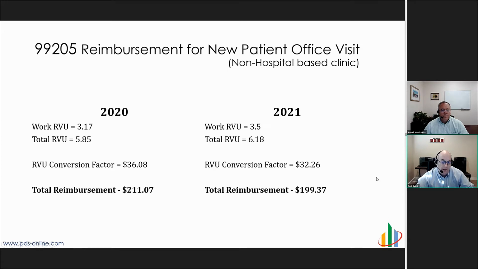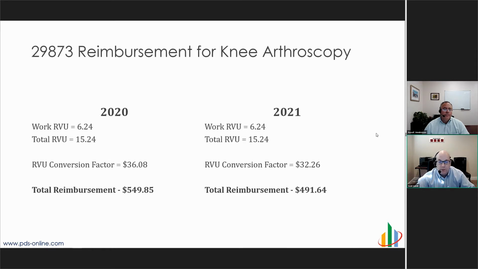However, based upon the reduced conversion factor and the number of RVUs involved, it actually drops to $199. So about a $12 drop when we see that. So this is what we're talking about when we say that each code is going to be impacted a little bit differently. And obviously, if we get into the codes that aren't impacted with an RVU increase at all, that's where the rubber really hits the road.